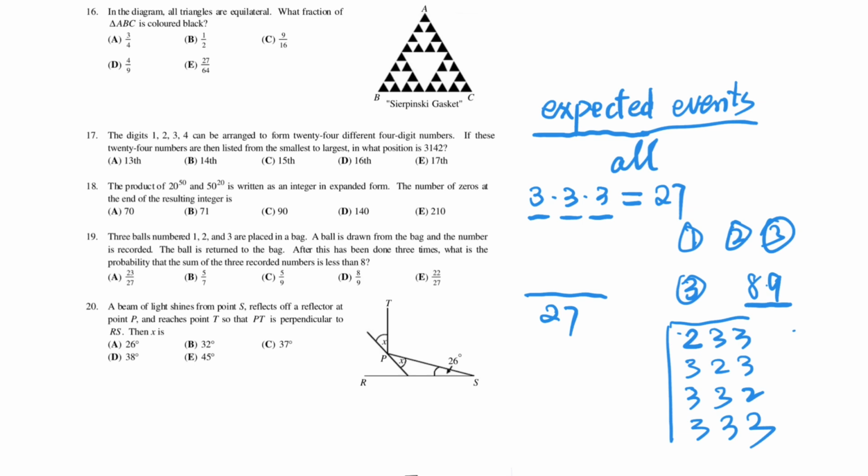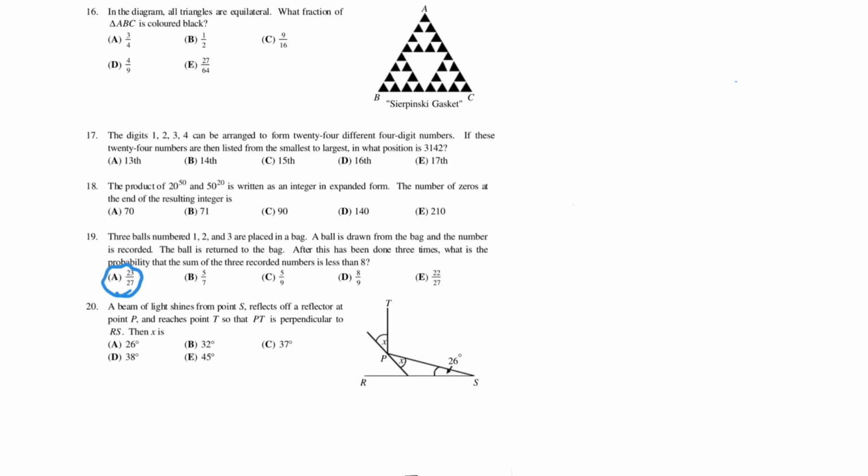Only 4 events are greater than or equal to 8. So for all the rest, less than 8, we use 27 minus 4 equals 23 over 27. The probability is 23 over 27. The answer is A.